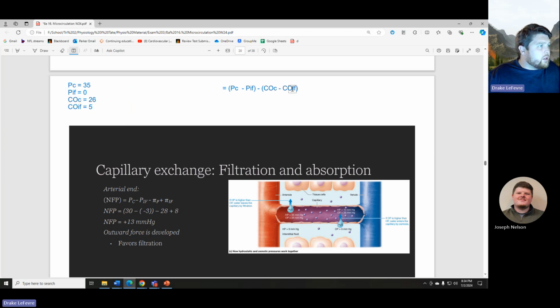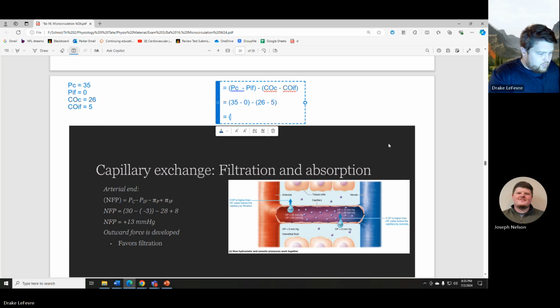We plug in all of these values. It equals 35 minus 0 minus 26 minus 5, 35 minus 21, which gives us 14.